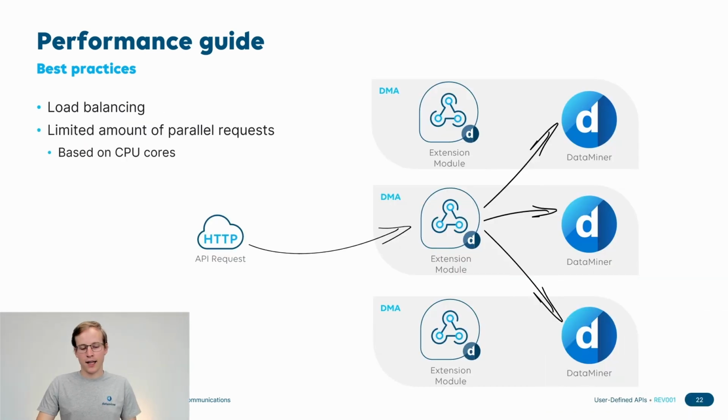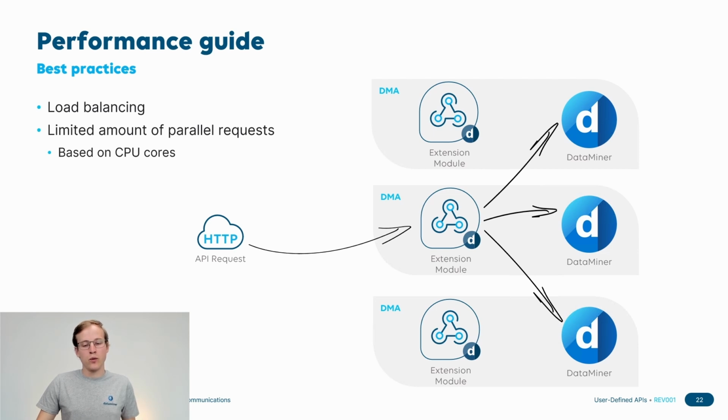Here on this slide, you can see a representation of how the user-defined API system works. In the middle, we can see our HTTP API requests, and if we send that to DataMiner, it does not get sent to the core of DataMiner, but to an extension module. That's a separate process which extends the core of DataMiner with this DataMiner user-defined APIs feature.